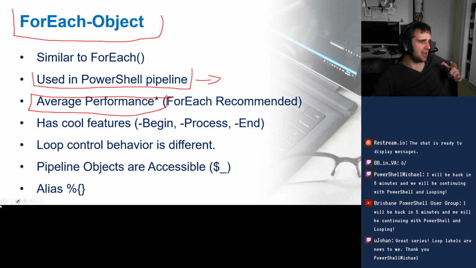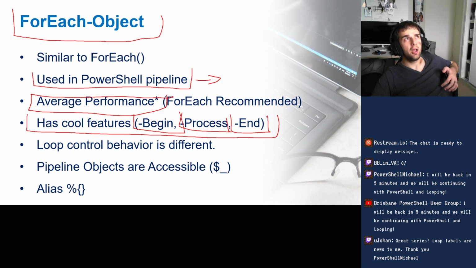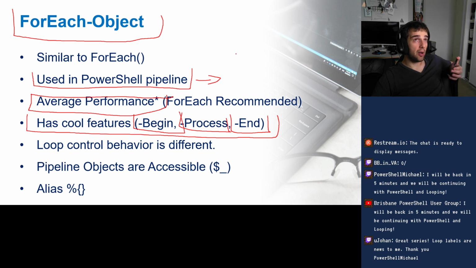Now, one of the things it has is really cool features. It has what we call a begin, a process, and an end block. So one of the things that it does is that you can declare before the process starts, similar to a for statement where you'd have a variable declaration to set up the initialization, then a condition, and then a repeat. In this instance, you have an initialization as a begin.